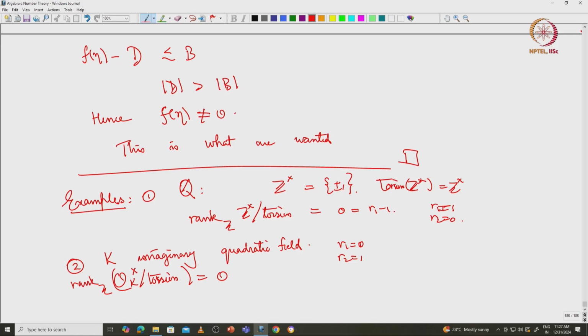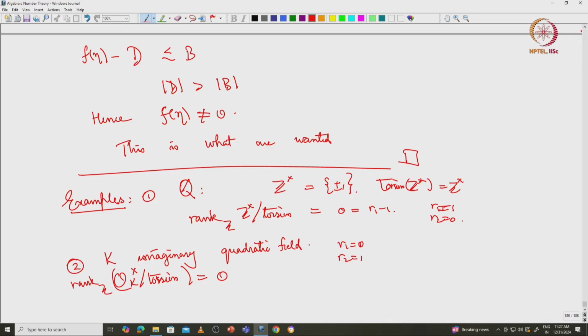So, these are the only two examples of number fields in which the rank of the unit group is 0. Whenever I say rank of unit group and do not say torsion, I do mean modulo its torsion, but I will not say it again and again. So, these are the only two number fields in which the rank of the unit group is 0.